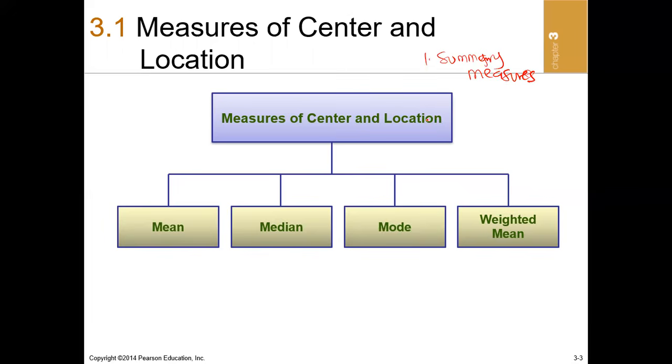When we say the average of something, what usually comes to mind is the mean. But at this level, I want us to go beyond that to note that the averages include the mean. Mean is an average. Median is an average. Mode is also an average. And weighted mean is also an average. And these measures of average will depend on the type of data you are working with.